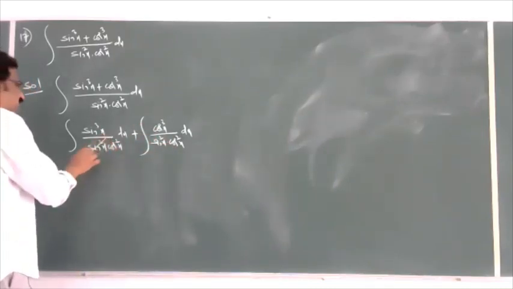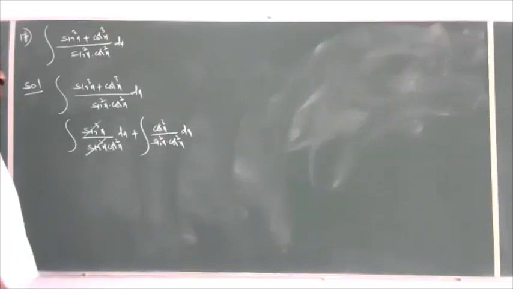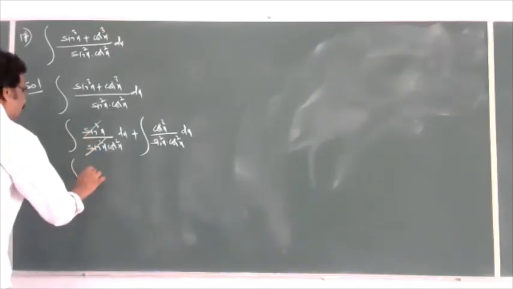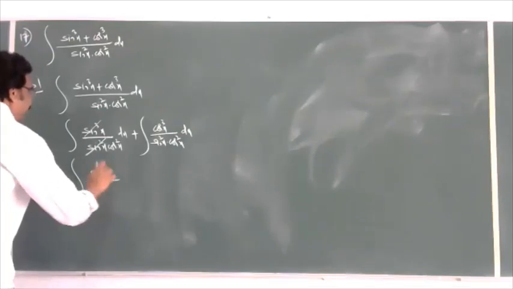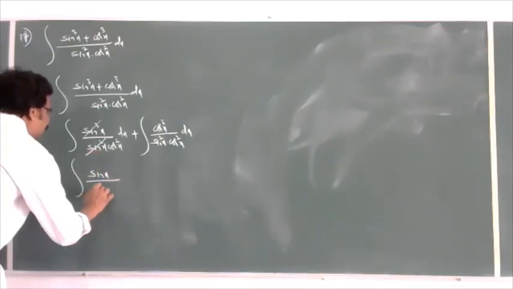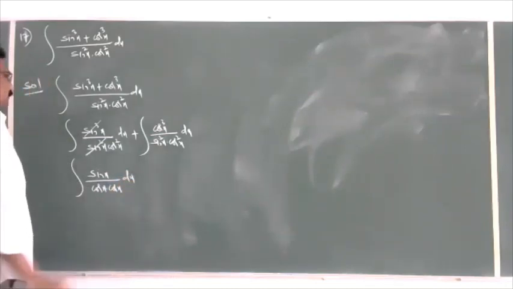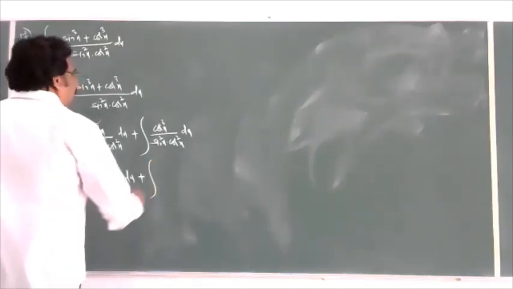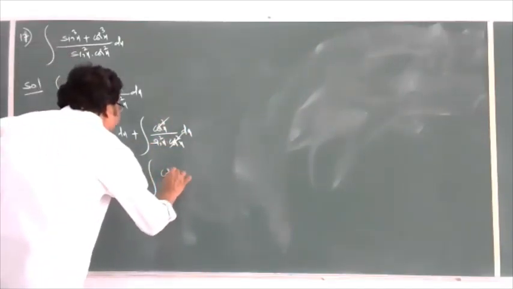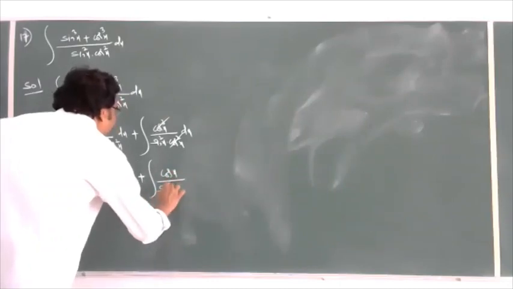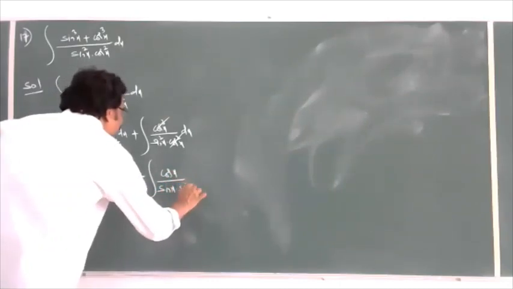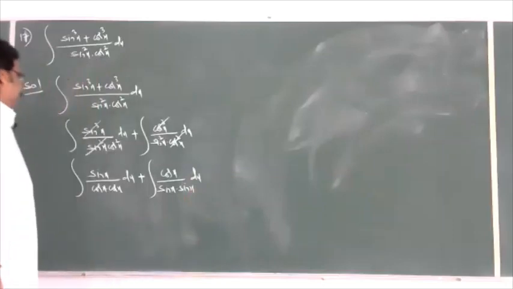Here one sin square x is cancelled. So in the numerator you get sin x, and in the denominator cos square x, which you write as cos x into cos x, dx. Plus here cos square x cancels; in the numerator you get cos x, and in the denominator sin square x is sin x into sin x, dx.